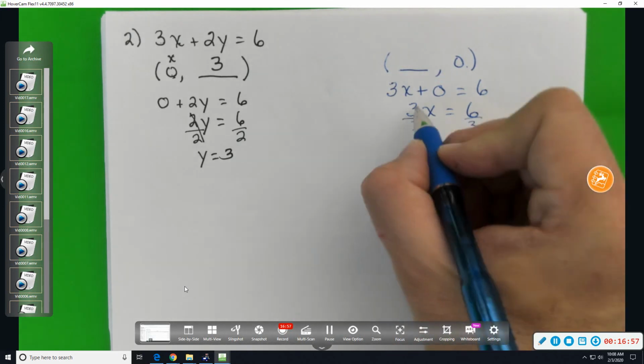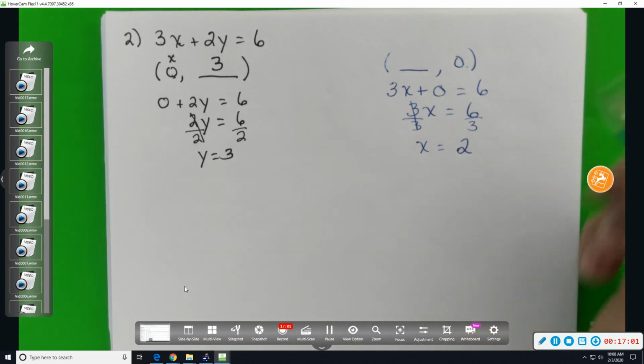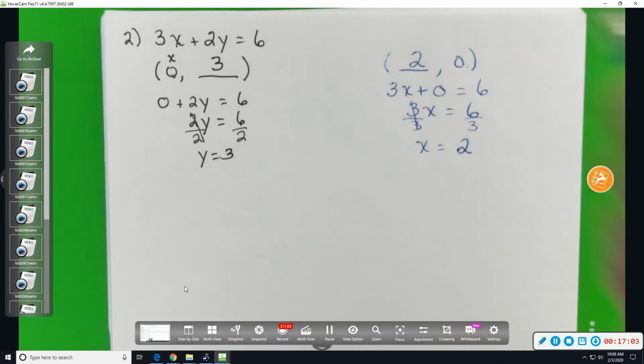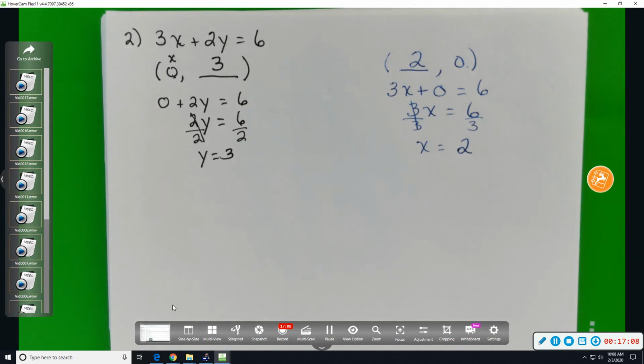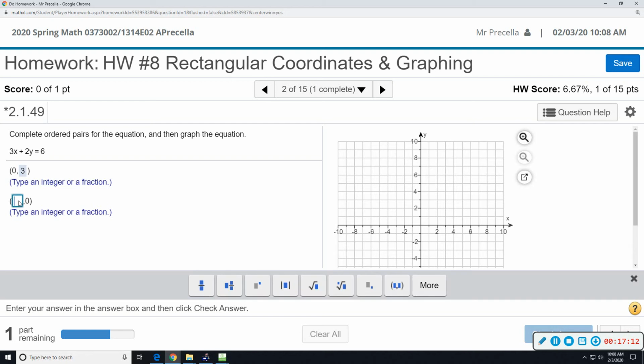Divide both sides by 3 to get x equals, is that a 2? So we type in the 2 right there.